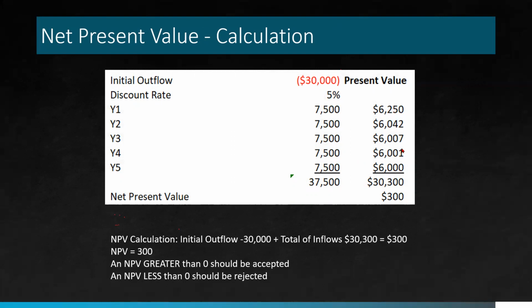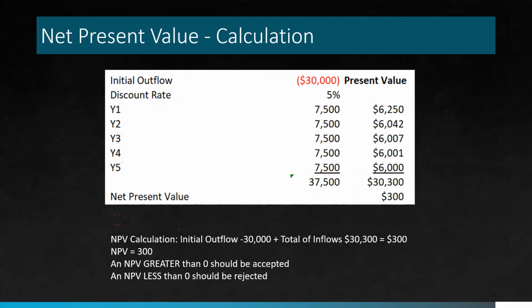So if I add up all of these present values, I come to $30,300, not the $37,500 that we originally calculated when all we did was add up the 7,500 over 5 years. So the net present value is 300.